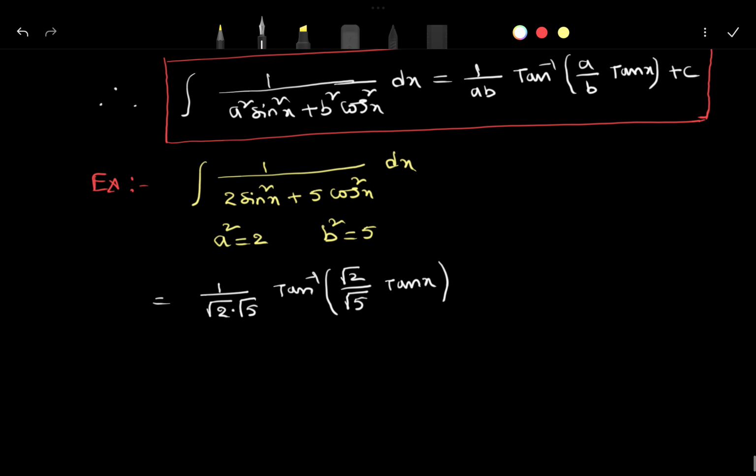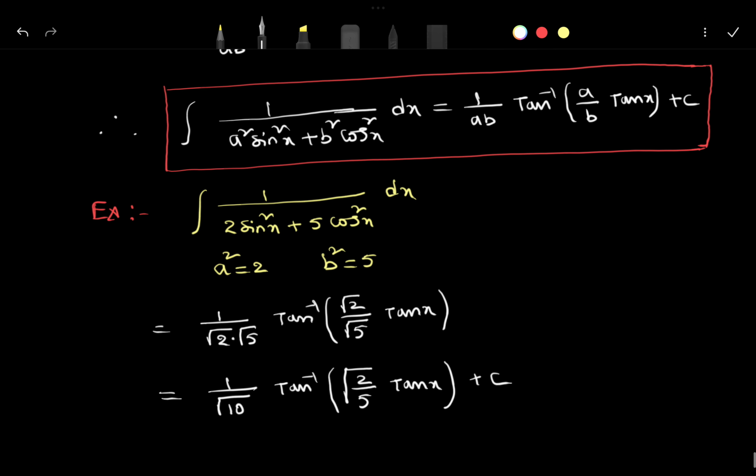Okay, so now by simplifying this result, that is equals to 1 by root 10 into tan inverse of square root of 2 by 5 into tan x plus c. So this is the application of how to use the above shortcut from the objective point of view. So I hope everyone is clear on this problem.